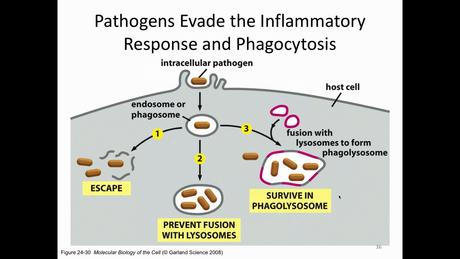In fact, it kind of works to the bacteria's advantage because it lets the bacteria come inside a nice, safe, nutrient-rich home. Some microbes also can modify the phagosome so that it either does not fuse with the lysosome, or so that it doesn't acidify or doesn't have toxic products.